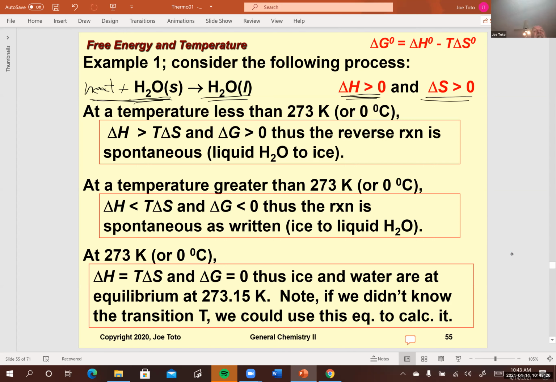Yeah, so it's not disorder. Remember, that's how the old textbooks used to call it. What it is, it's a spreading out of particles. Remember, that's what the measure of entropy is. It's the spreading out of particles and energy. So the particles are more spread out in the liquid state than in the solid state. And that's why liquid has more entropy than solid water.